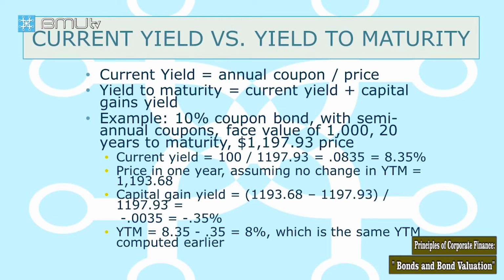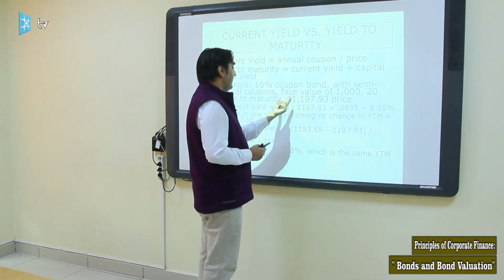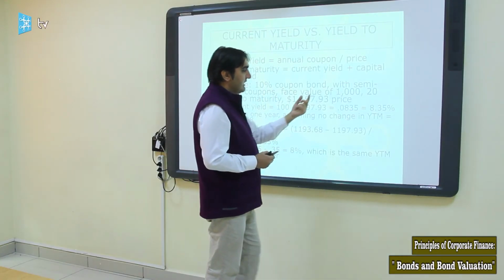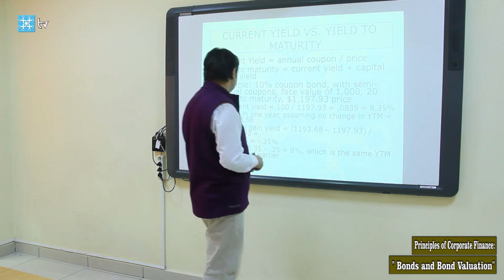Example: a 10% coupon bond with semi-annual coupons, face value of $1,000, 20 years to maturity, and the price is $1,198.93. Current yield here is the coupon payment, that's 10% of face value, divided by price, that is 8.35%.